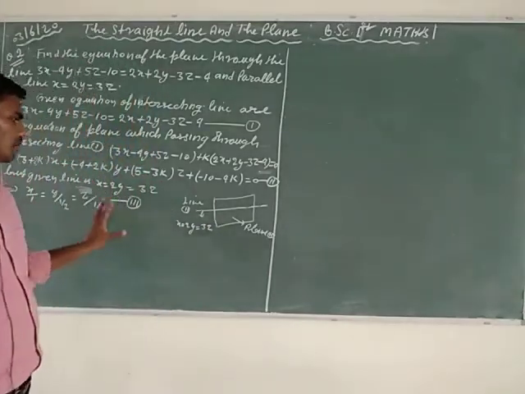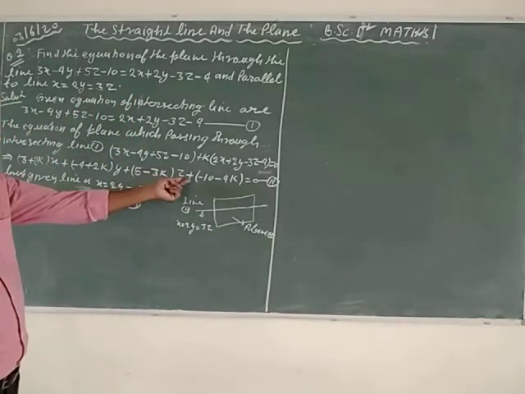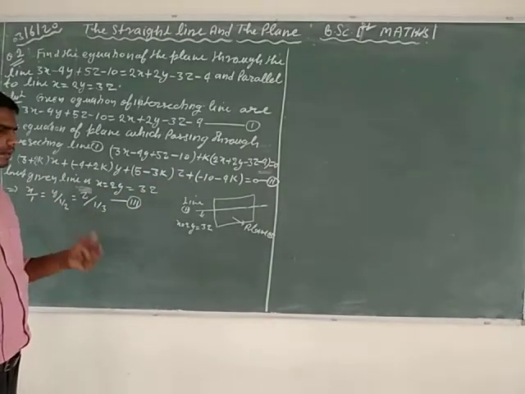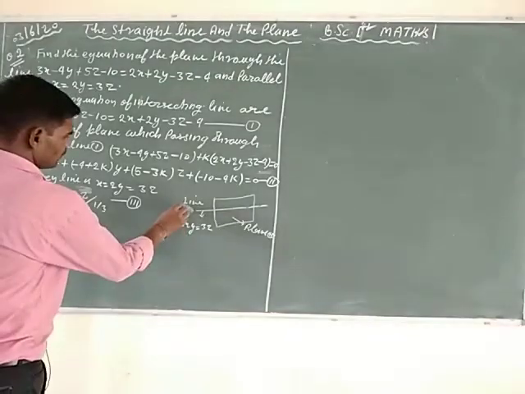But according to the question, the normal to the plane second must be perpendicular to this line, line third.